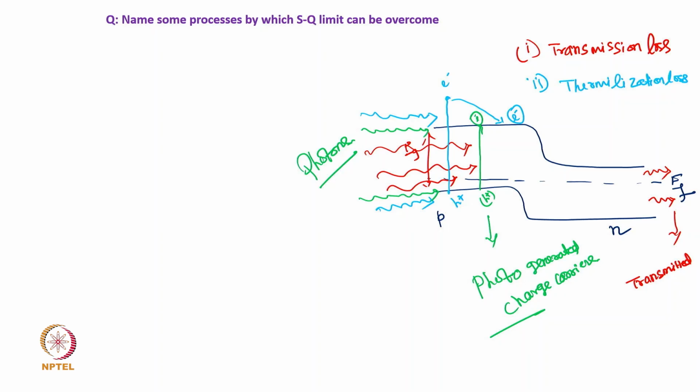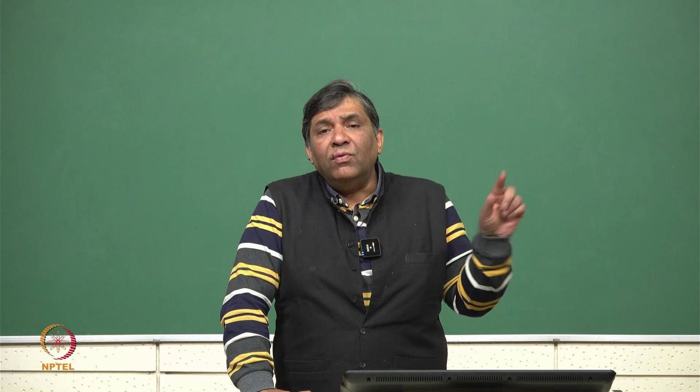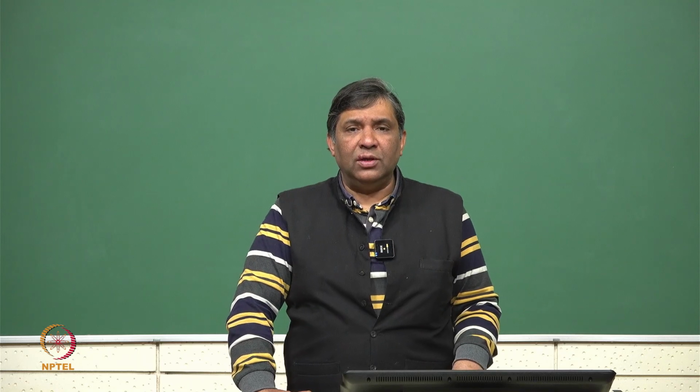Considering all the losses, the SQ limit, as we discussed earlier, gives us a maximum limit of approximately 33% efficiency, and therefore, a question arises: how to overcome this limit.